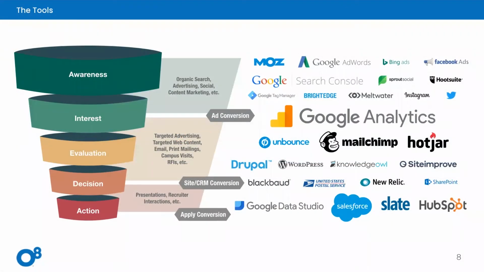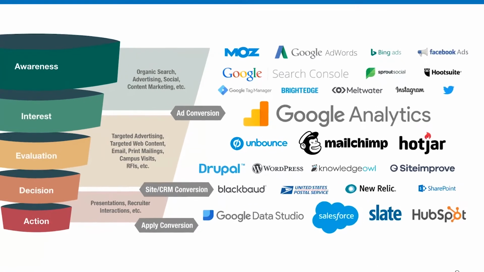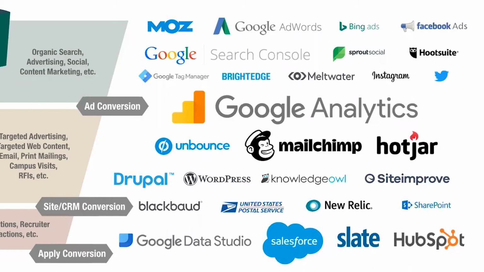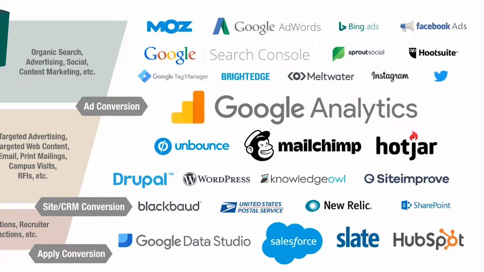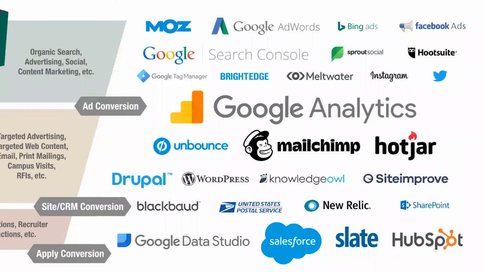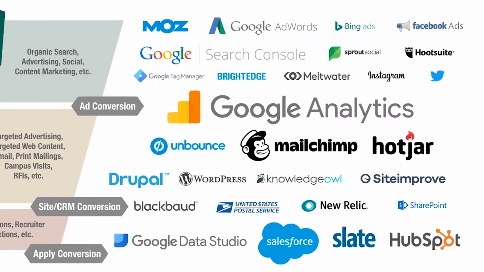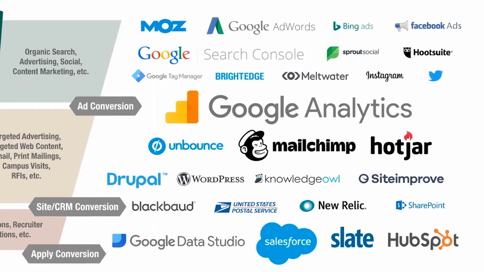So the tools that we use. As high ed marketers, the MarTech and recruitment tool stack is wide and deep. We're ranging from social aggregators through SEO tools, PR, and brand mentions around tools like Meltwater. We usually have a number of content management systems that we're dealing with, as well as a handful of analytics and insights tools. We've got tools like Blackbaud that may integrate with our foundations.